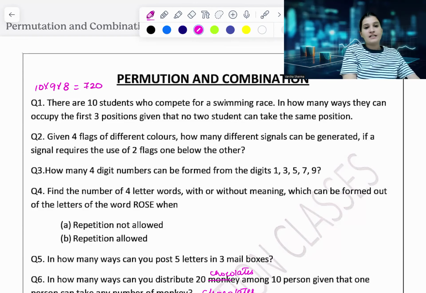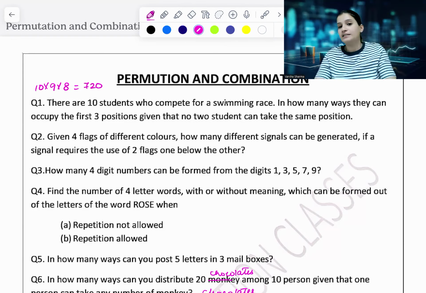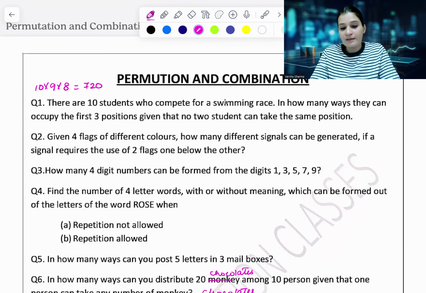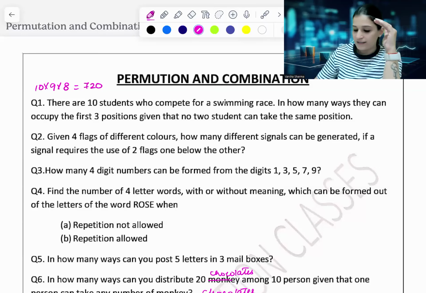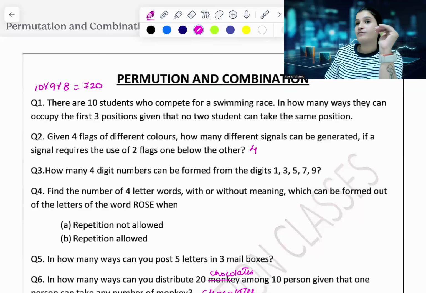Question number 2. Given 4 flags of different colors, how many different signals can be done if a signal requires the use of 2 flags, one below the other? Answer. The first position can be filled by any one of the 4 flags. The second position can be filled by any one of the 3 flags.